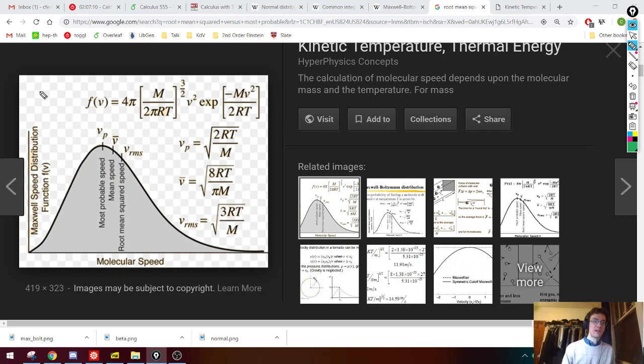RMS means you take the average value of the square of the speed, and then take the square root of that. Naively, you might think that should be the same as just the average value of the speed itself. But that's obviously not true, because taking a square root does not commute with integrating. So this is very different.